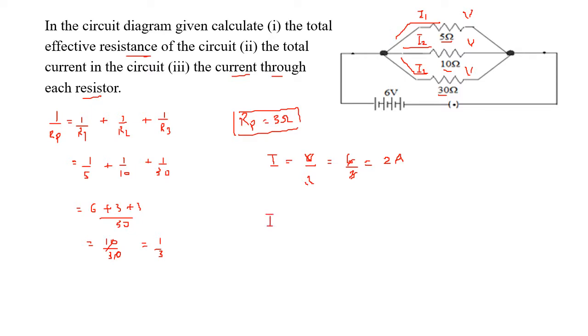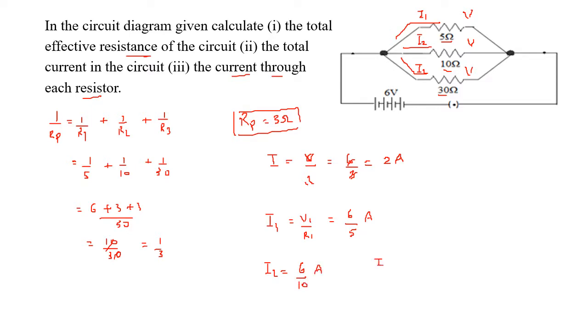So I1 is equal to V1 upon R1, but V1 is V, which is 6 volt, and R1 is 5. So current passing through the first resistance, this 5 ohm resistance, is 6 by 5 ampere. Current passing through R2, that is 10 ohm, is 6 upon 10 ampere.